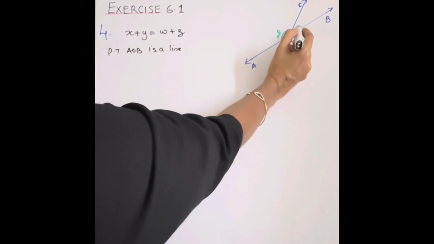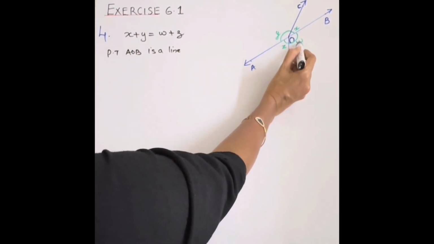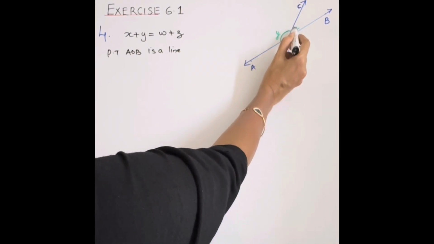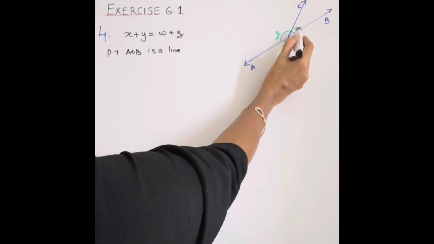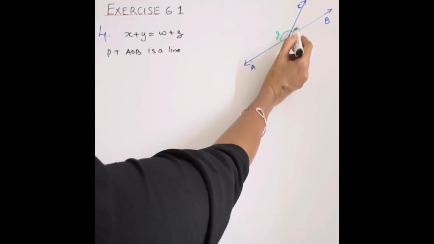Now let's look at all the angles here. We have x, y, z and w, and you can see that these angles are angles around a point, and you have learned before the sum of the angles around a point is 360 degrees.